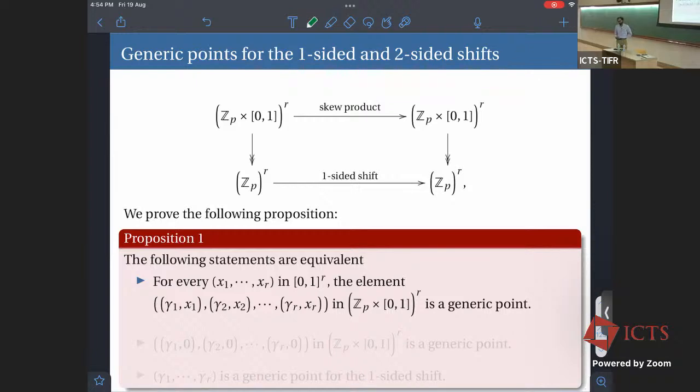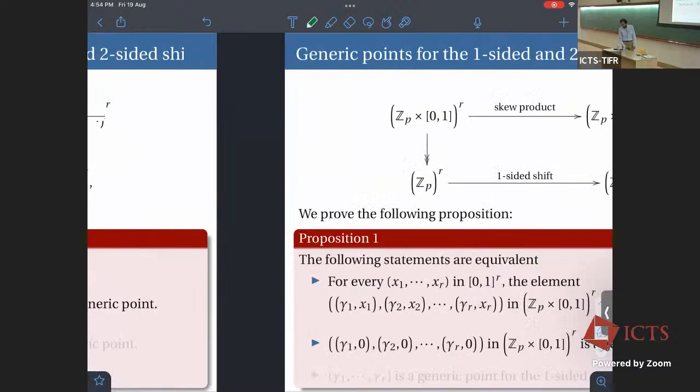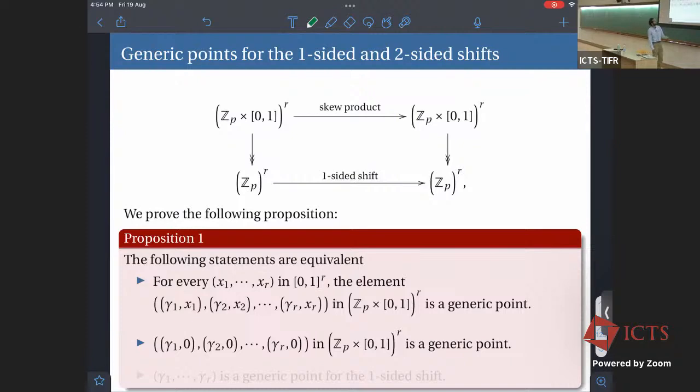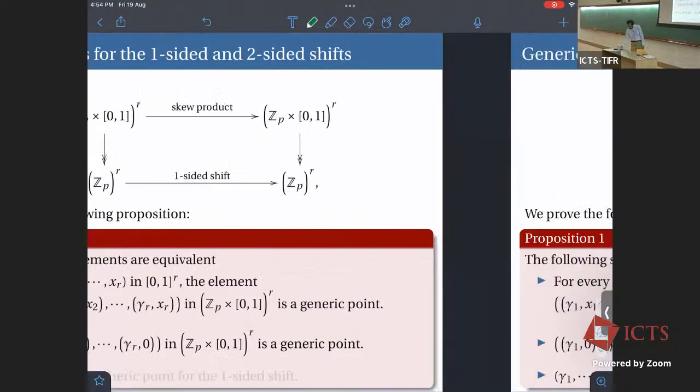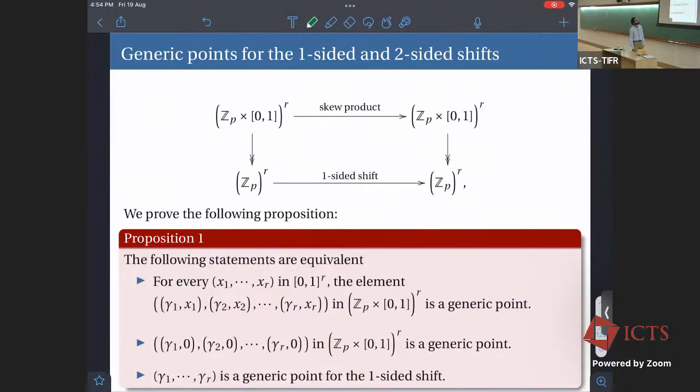The result is that it's generic if and only if, for every choice of x, this is generic. But it turns out that you can just choose any x that you want.